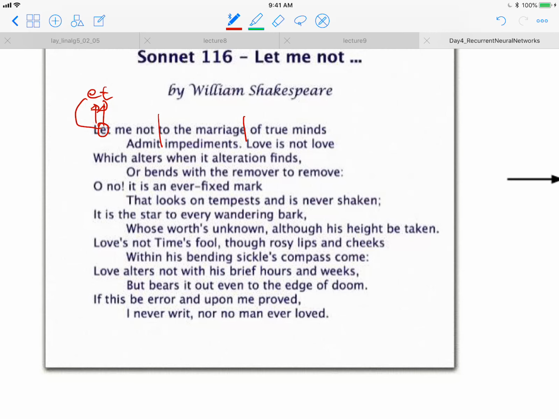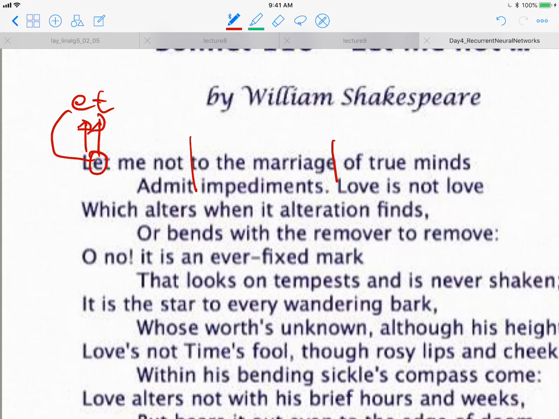Okay. So in this case, one drawback or limitation is that, in order to predict this word E, it cannot utilize any information about the words shown in the previous sequence, right?